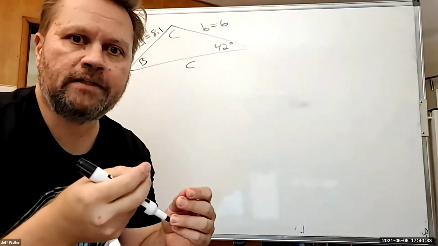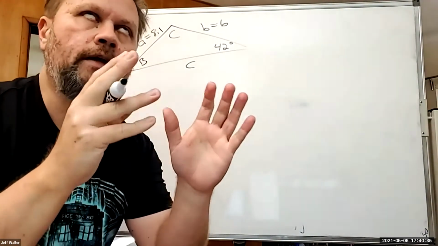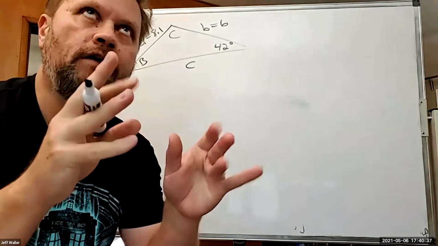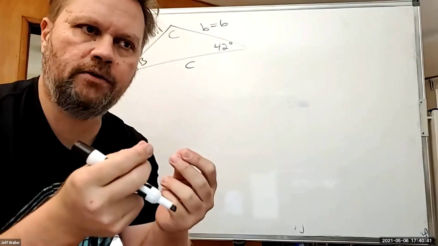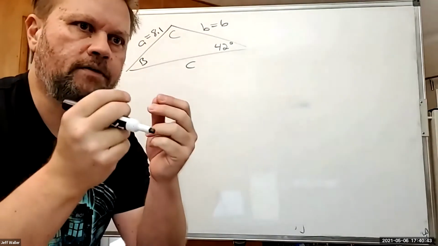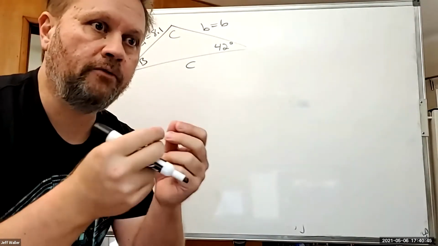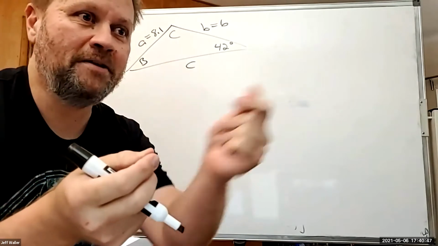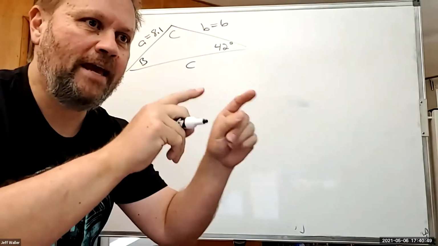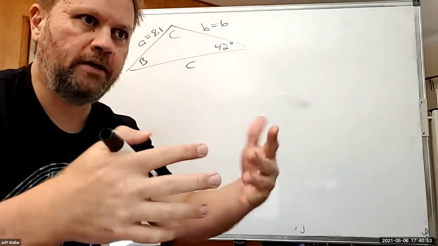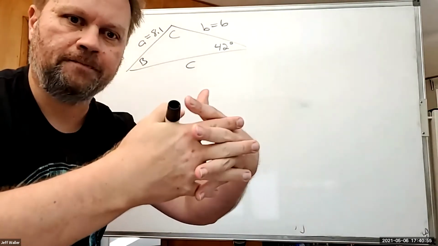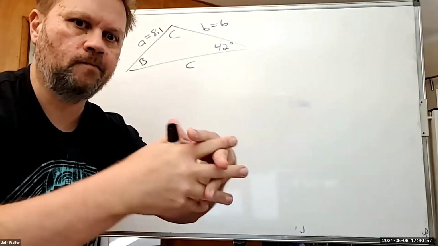That saves us from having to go, okay, SAS and SSA and blah, blah. It's so much easier than that. Law of sines is all about ratios. If I can't make a complete ratio, I can't use law of sines. If I cannot use law of sines, I will always be able to use law of cosines and vice versa. It's kind of nice.